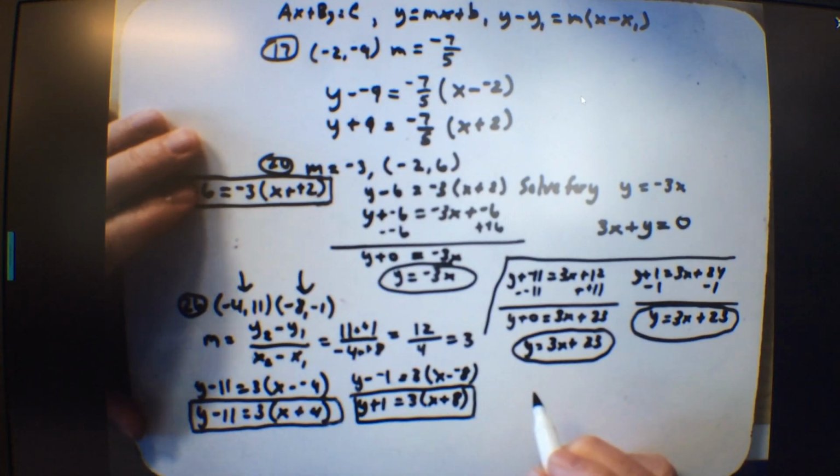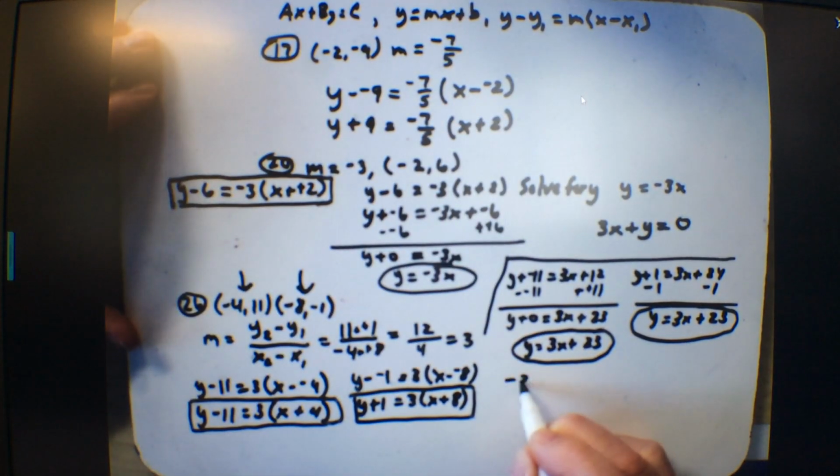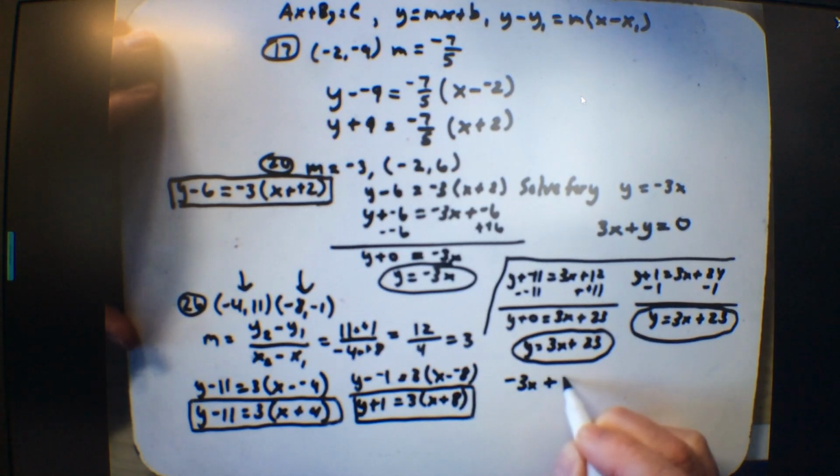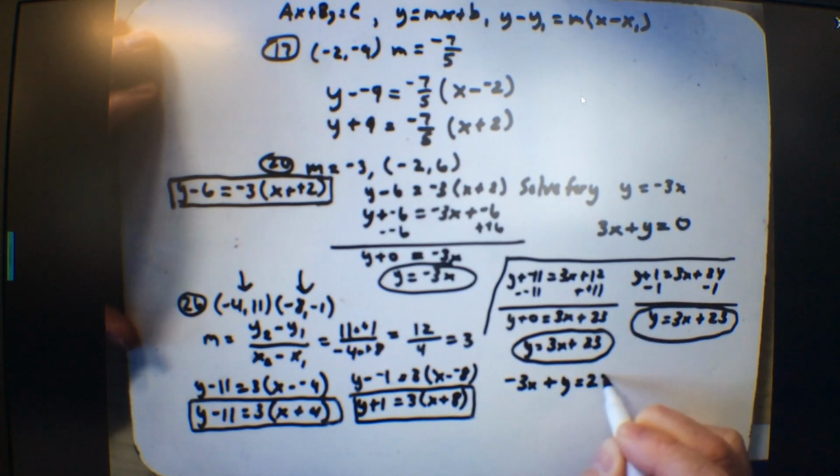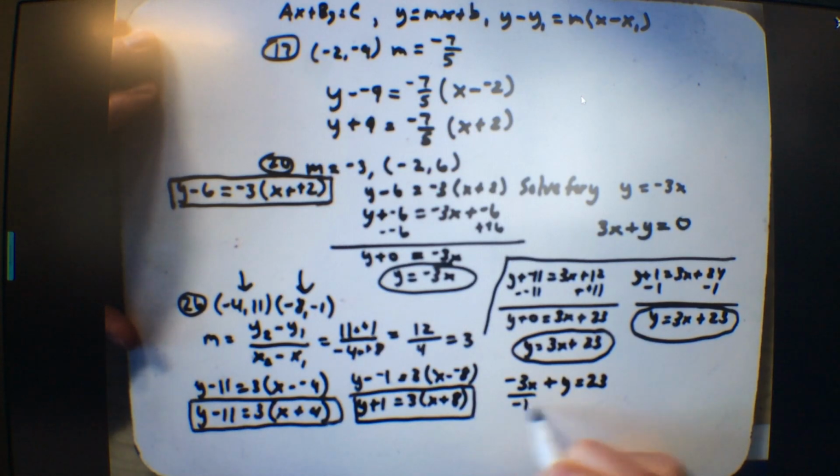Okay, so put each one of yours in standard form. Now you should work kind of the same, right? You'll notice that when you bring the 3x over, it becomes negative, right? So you have to divide by negative 1.